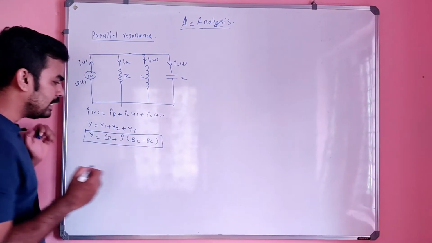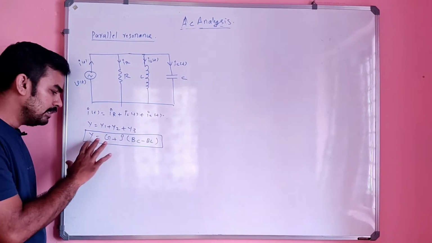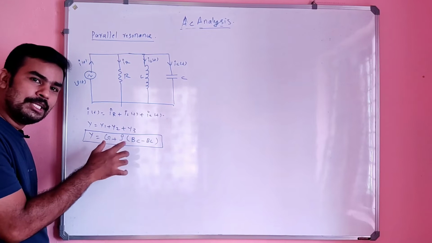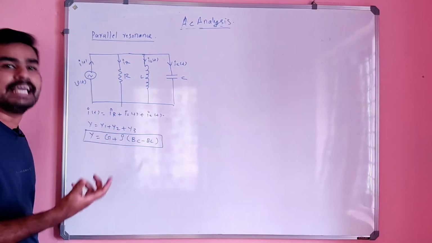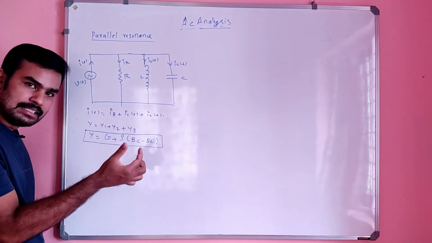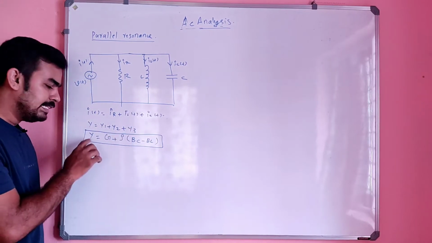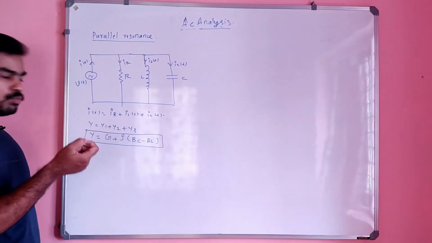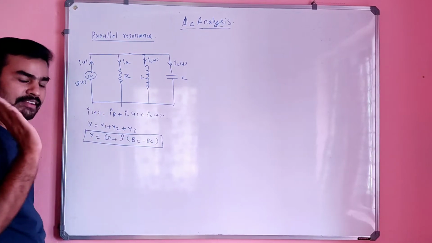Because in a parallel RL circuit, we already explained that the admittance was G minus J into BL. Is it correct? Please check the note. G minus J into BL was the parallel RL circuit admittance. Then the parallel RC circuit admittance, as I explained in the previous lecture, is G plus J into BC, right?